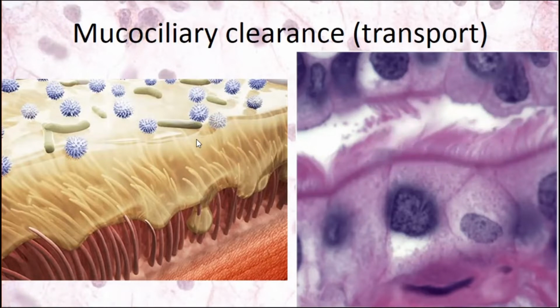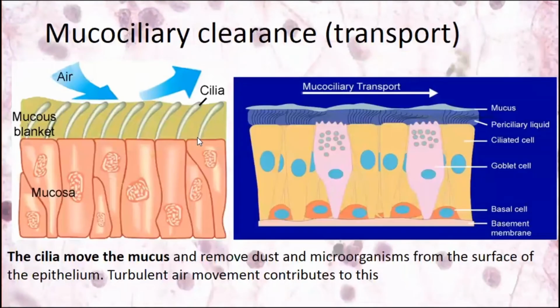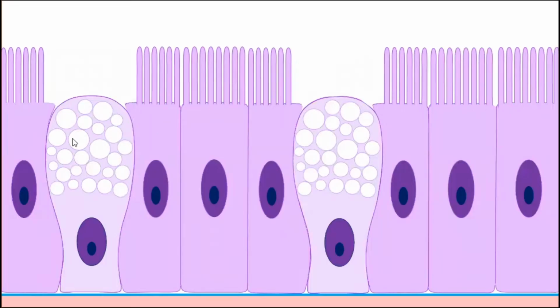They move the layer of mucus and remove different foreign particles. Air comes here, and different dust particles are attached to the mucus, and cilia move and remove this layer of mucus. Here we can see goblet cells and ciliated cells.